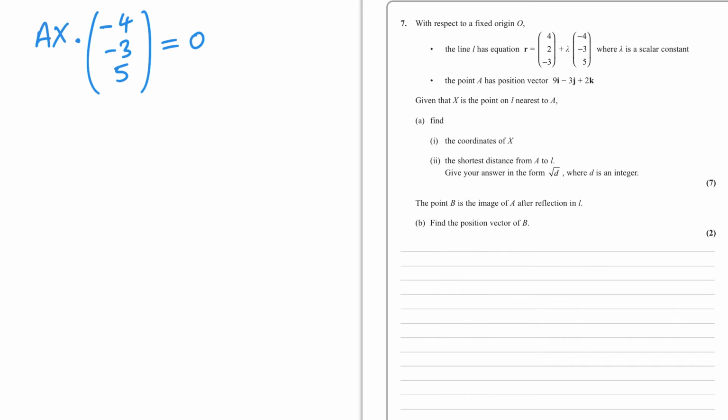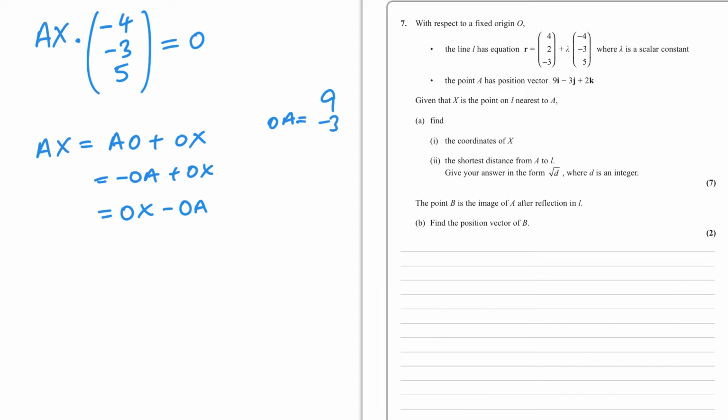Now what we've got to do is find out what AX is. So AX would be A to the origin plus origin to X. Now AO is the same as minus OA, so it's OX take away OA. Now OA, I know, is the position vector 9, minus 3, 2.